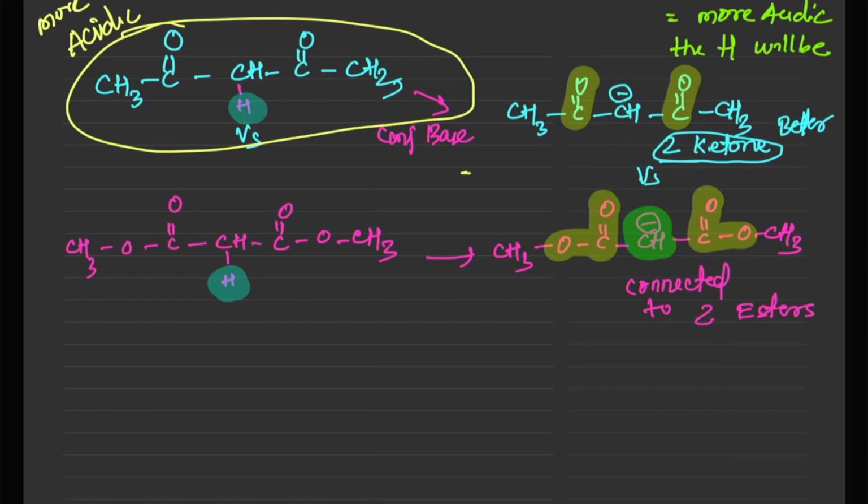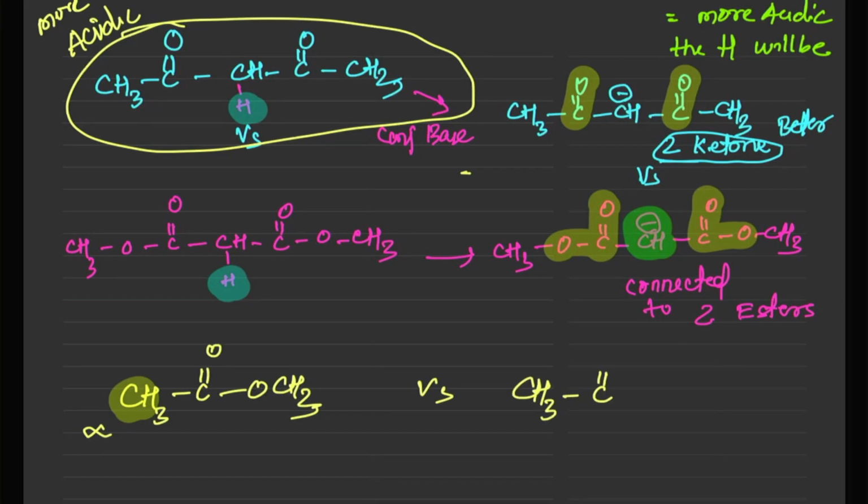So if you have CH3COOCH3, where this is the alpha carbon, versus this, versus this, which one would be more acidic? This one here.